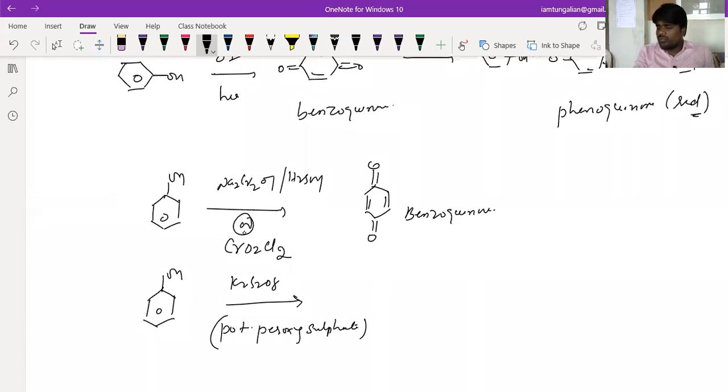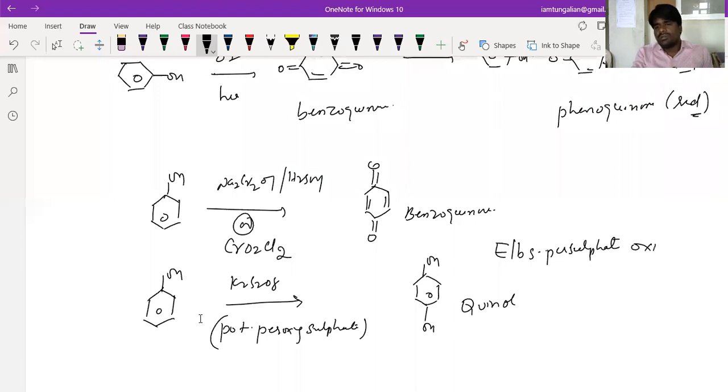This will lead to the formation of a particular compound known as quinol. This particular oxidation is called the ELBS persulfate oxidation. This particular reaction is called the ELBS persulfate reaction.